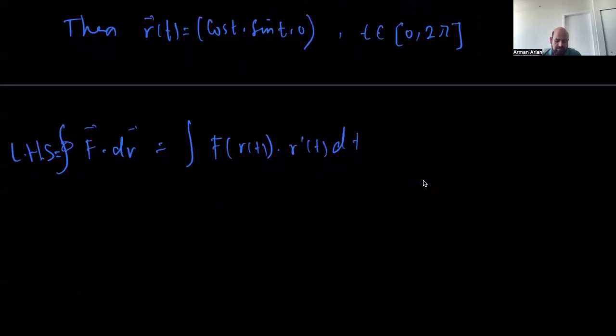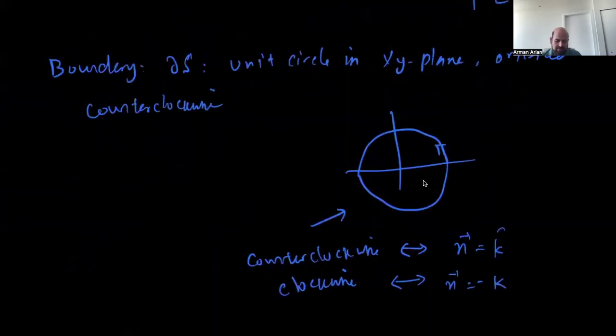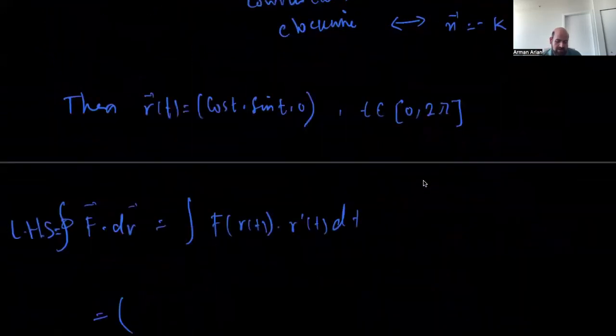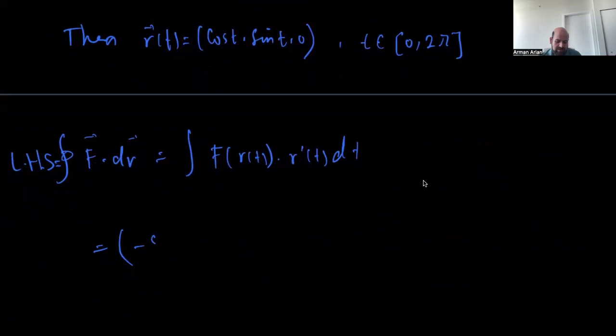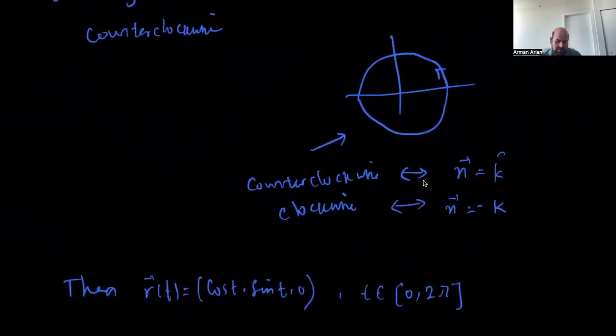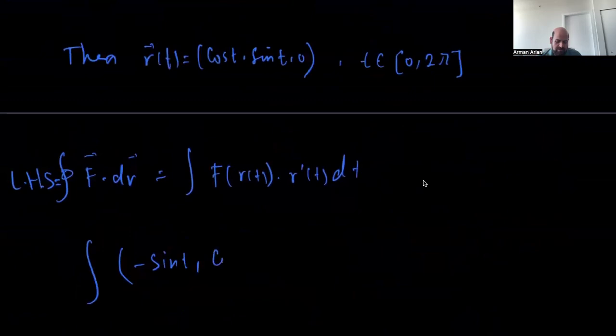And f of r of t: what was f? The first coordinate is minus y, and y is sine t, so minus sine t. The second coordinate is x, and x is cos t, and 0.